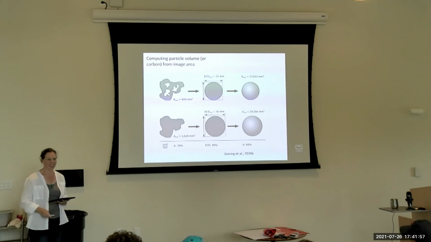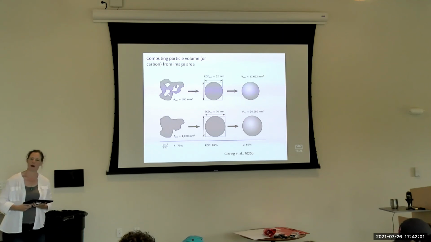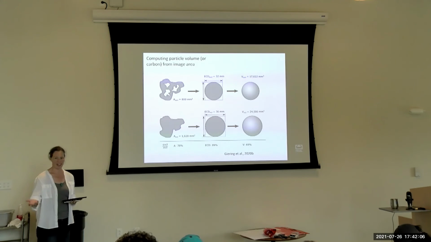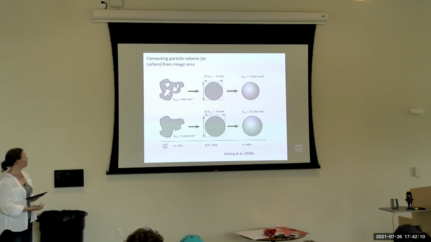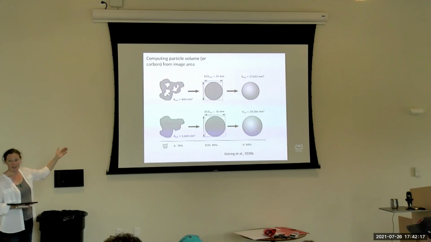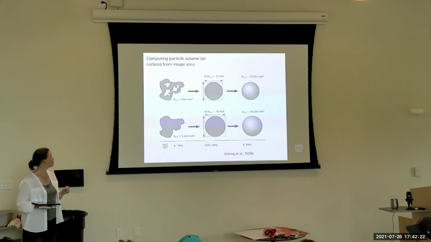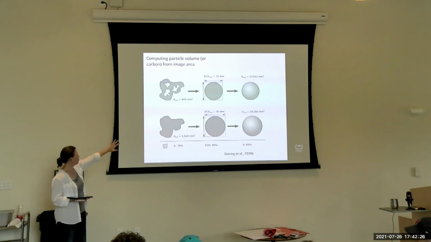Finally, a question that I think came up on our slide at the very beginning: we might be interested in imaging particles because we're interested in their composition, their carbon content or biomineral content or something like that. And even things as simple as how do we get from the area that we see in an image, assuming we can use the right algorithm to figure out what's particle and what's not, and actually segment it, how do we get from that projected area in our image to a volume?